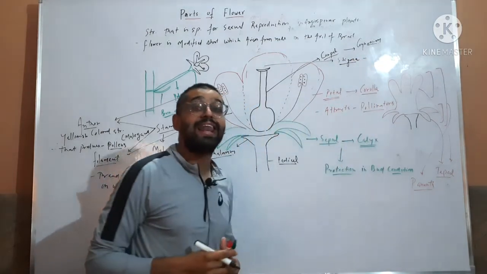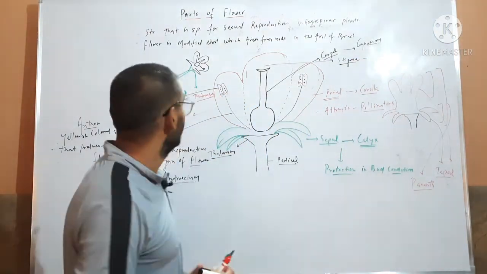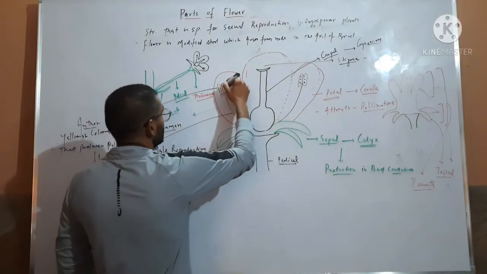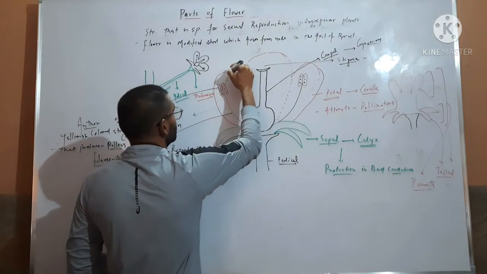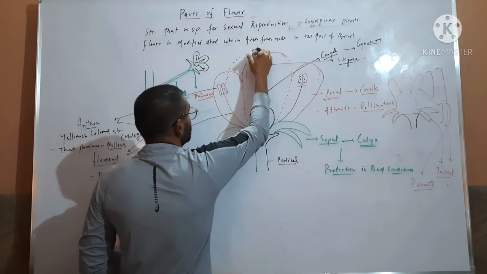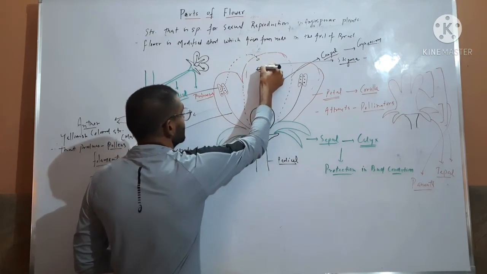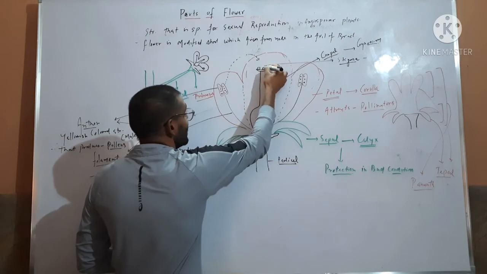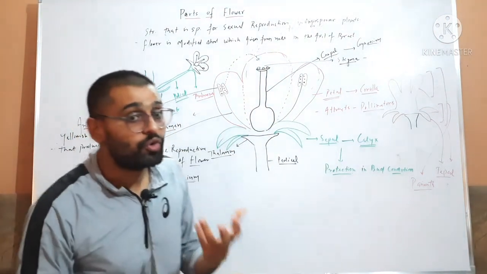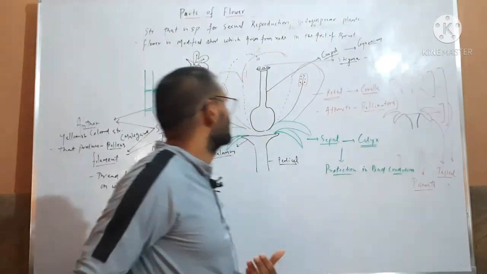This provides a landing platform for pollen. Suppose pollen is liberated from there, and through a pollinator or any agency it will reach here. So it will provide a landing platform for pollen to germinate.